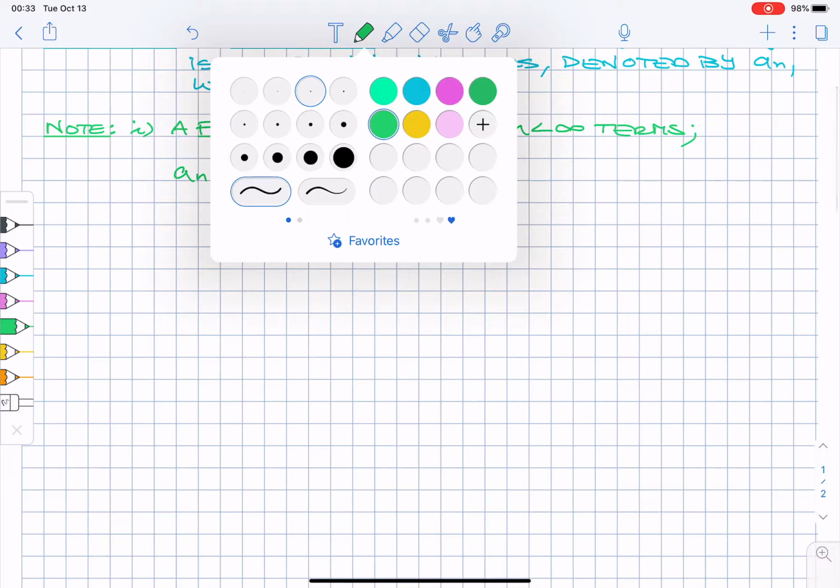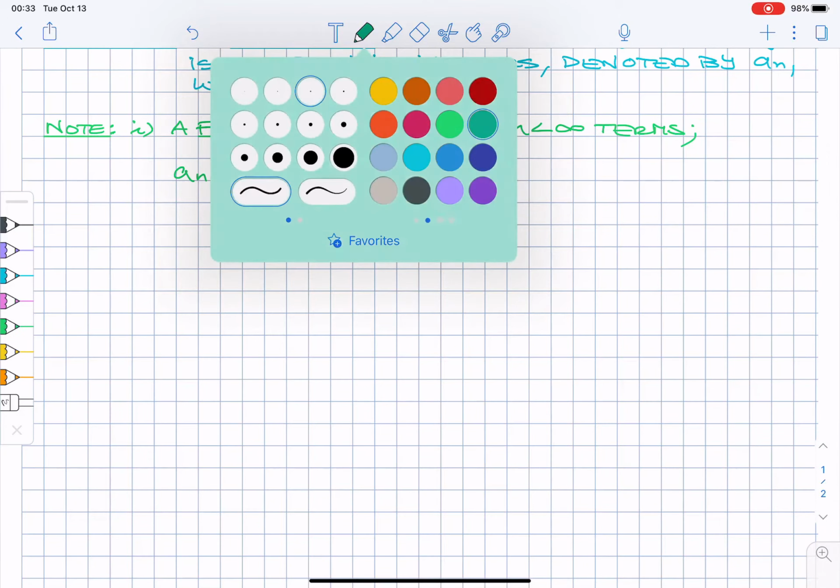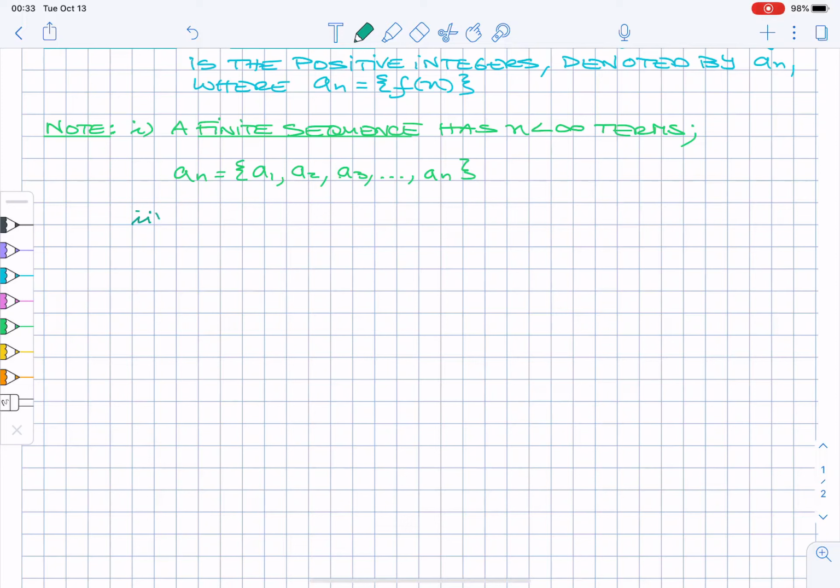We also have an infinite sequence. An infinite sequence has infinitely many terms.